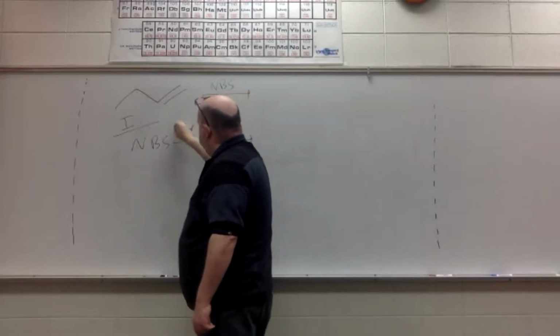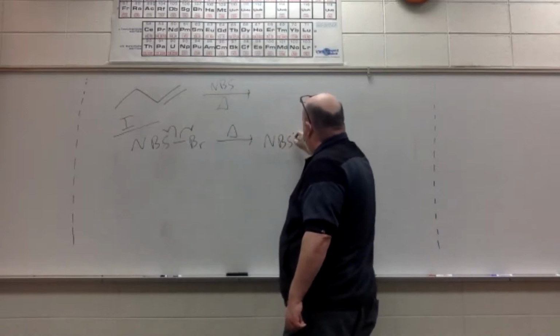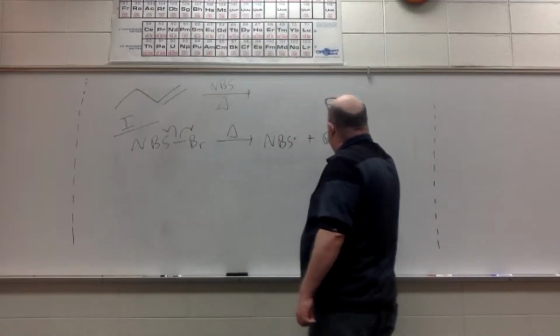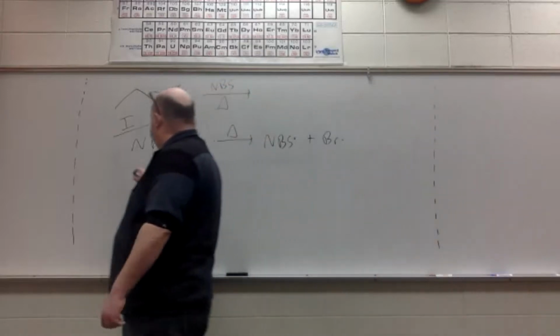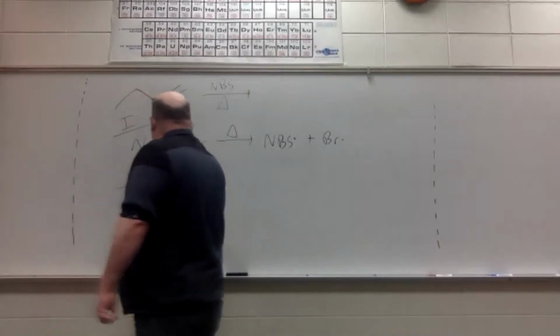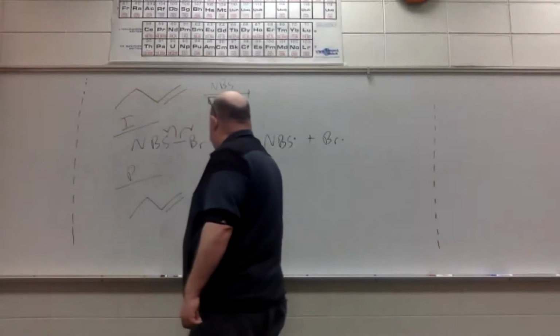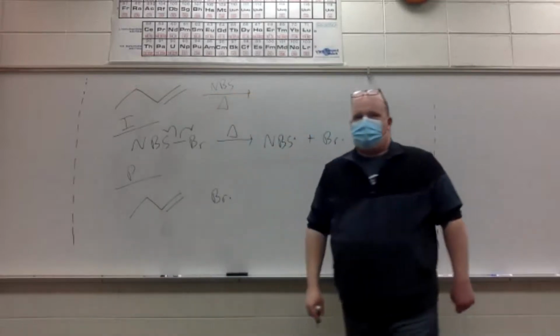First you have to make the Br radical. And then your alkene interacts with the Br radical.